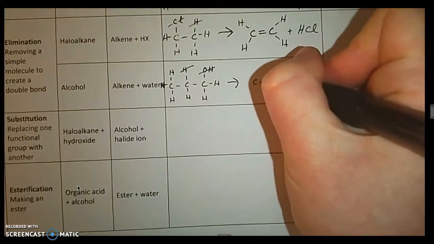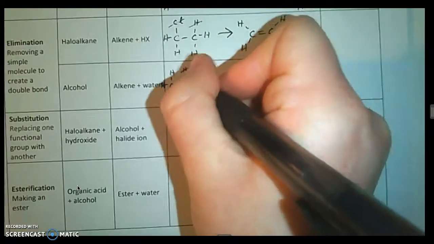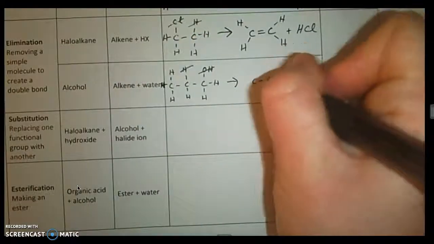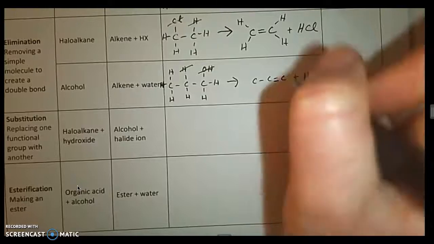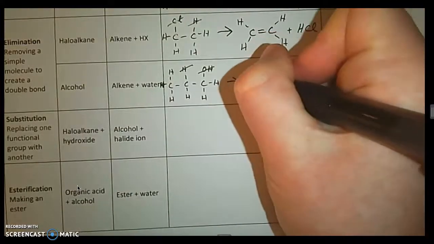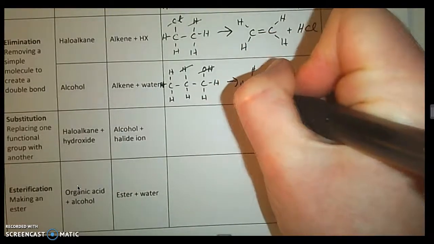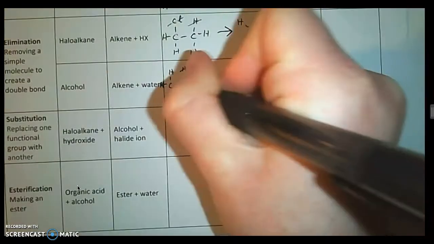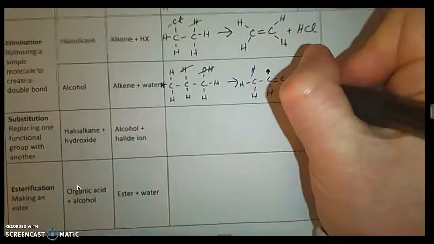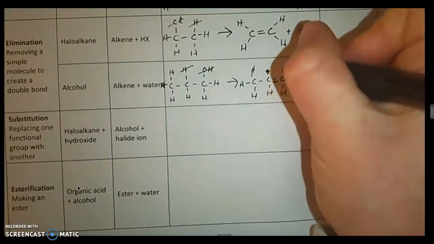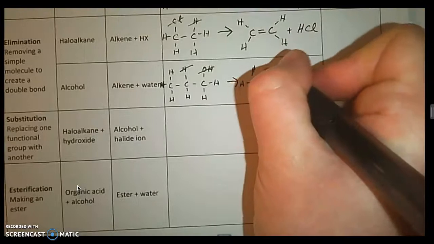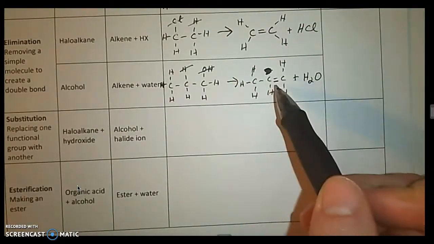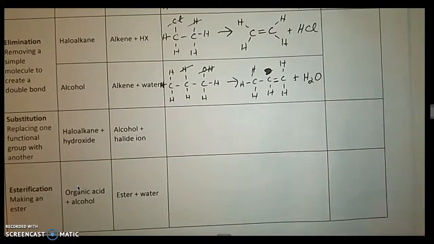I'm creating a double bond between the 2 carbons that those atoms came from. So once again, I'm creating an alkene. Then I just leave the rest of the hydrogens where they were. I'll put them below because the ones that were left were below here. So I've created an alkene here by eliminating a water.